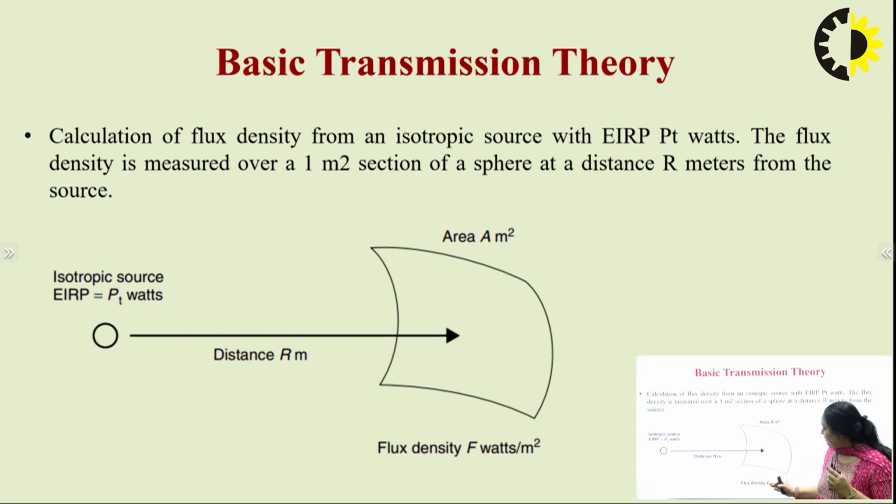The flux density at this receiver will be F watt per meter square. When the isotropic antenna is radiating uniformly in all directions, how will the radiation pattern be? It will be spherical. So that means this area which we are considering here is nothing but the area of a sphere.